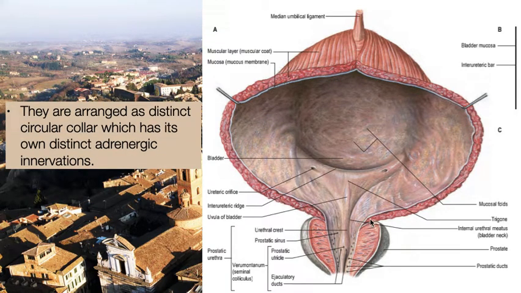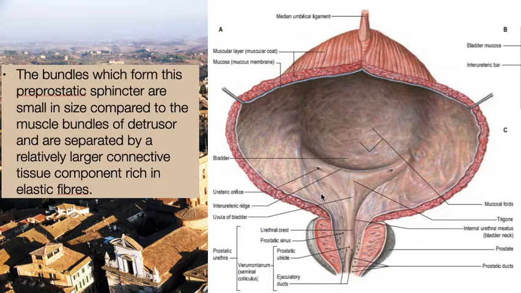They are arranged as a distinct circular collar which has its own distinct adrenergic innervation. Now, the bundles which are forming this preprostatic sphincter are smaller in size compared to the muscle bundles of the detrusor muscles and are separated by a relatively large connective tissue component rich in elastic fibers.